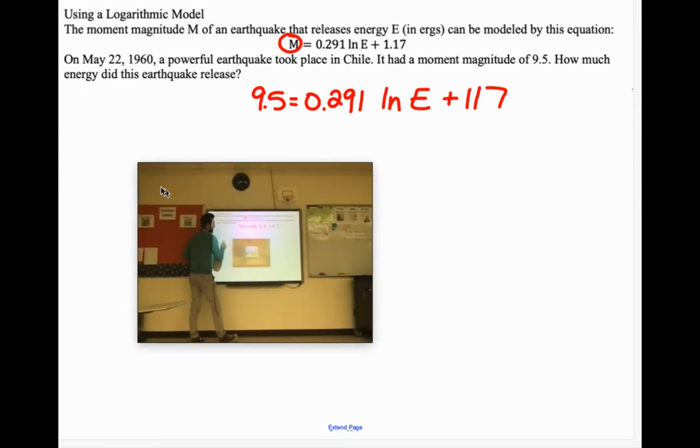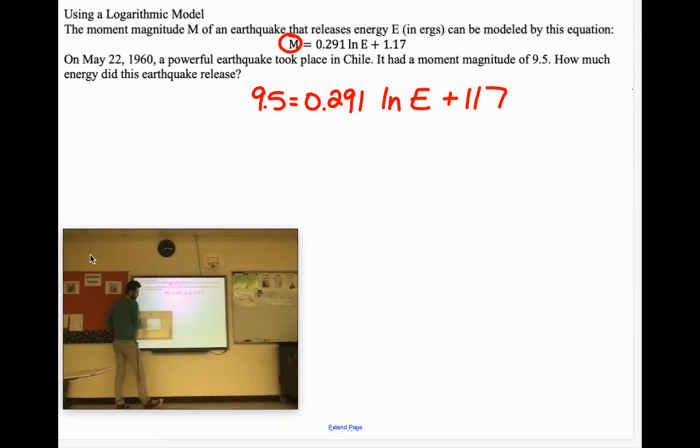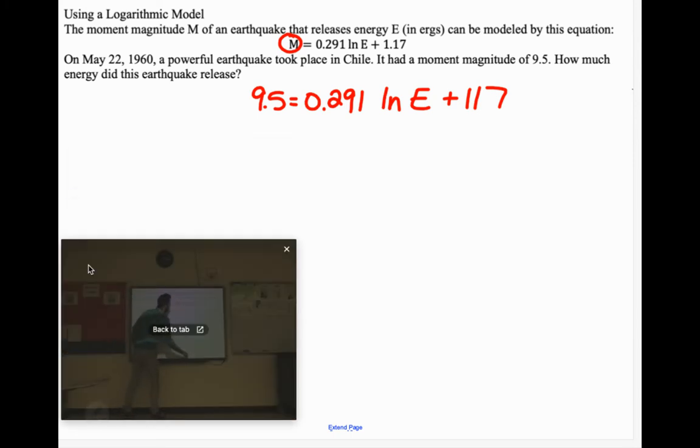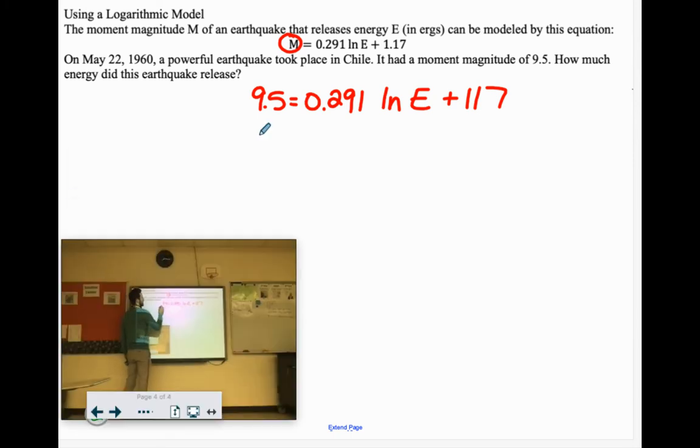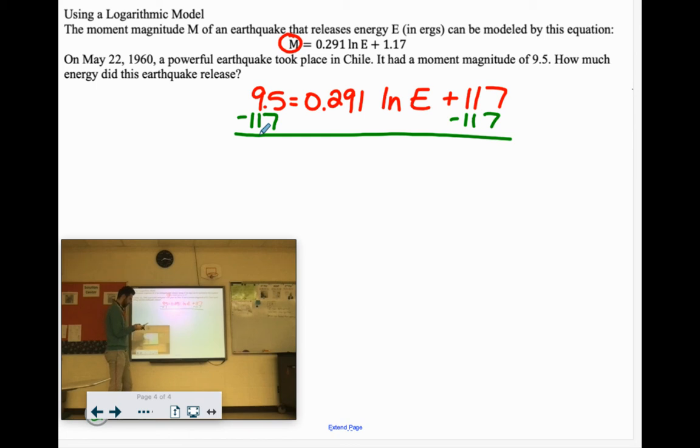So let's hop over here. First thing we have to do is get rid of that 117. So we'll subtract the 117. Let's see, 9.5 minus 117. Oh, can we do that? Oh, I put in too many decimal spots.